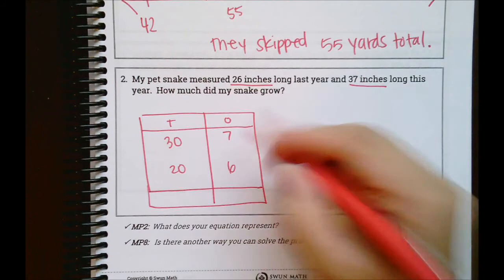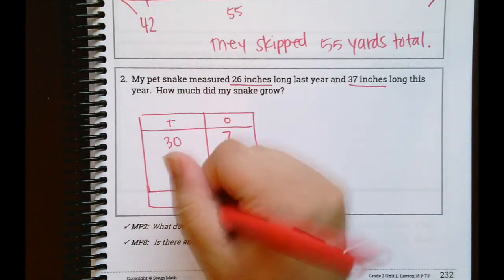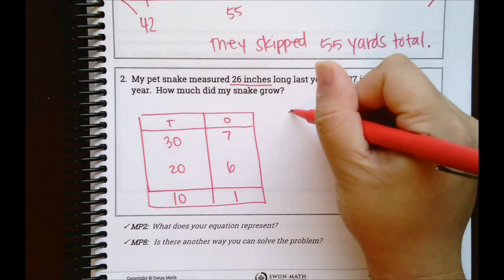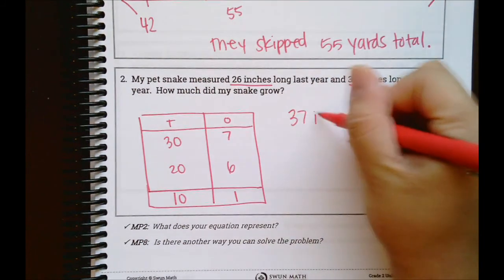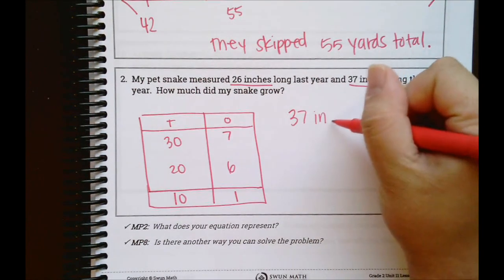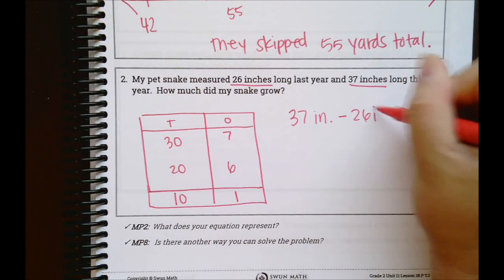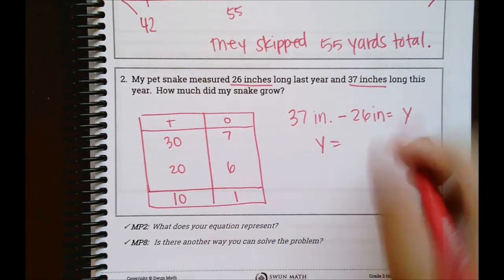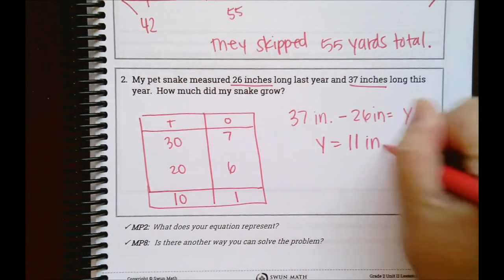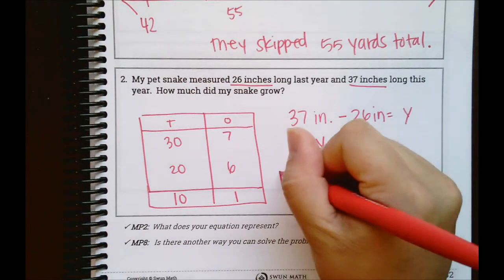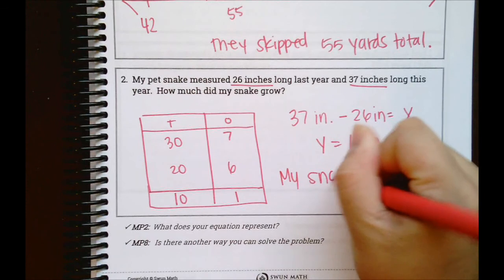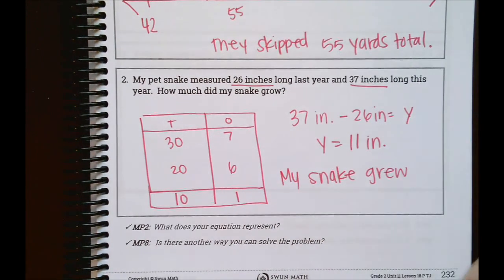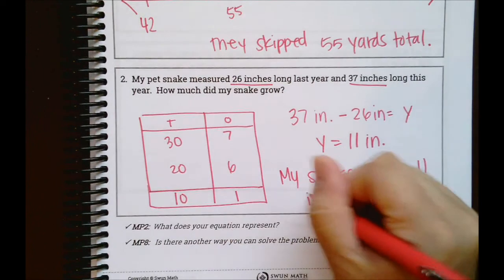Then I just need to subtract. So 7 minus 6 is 1, and 30 minus 20 is 10. Therefore, 37 inches minus 26 inches, y equals 11 inches. My snake grew 11 inches.